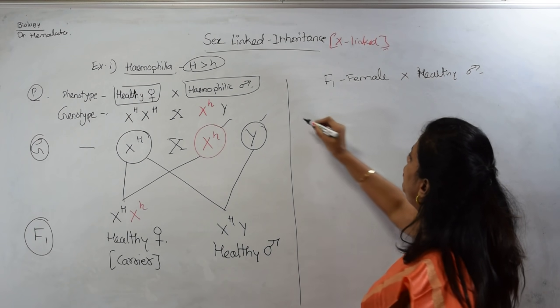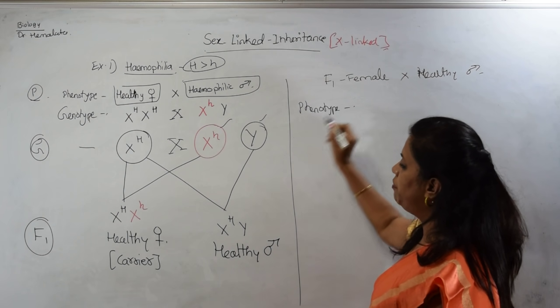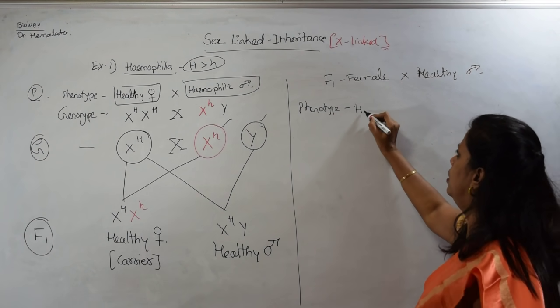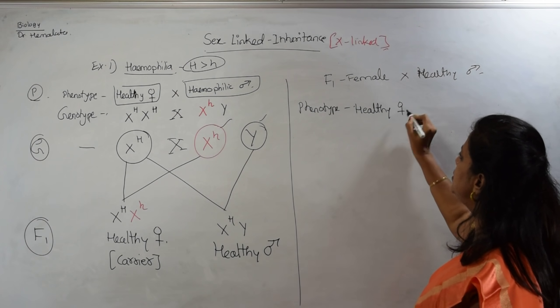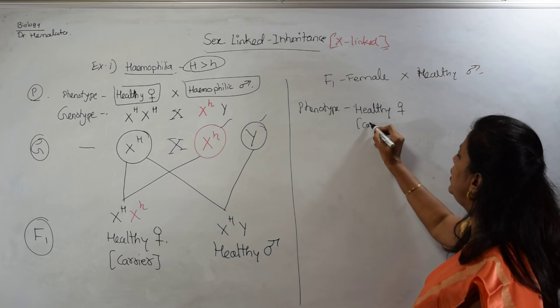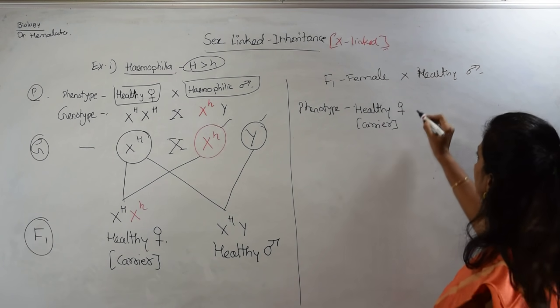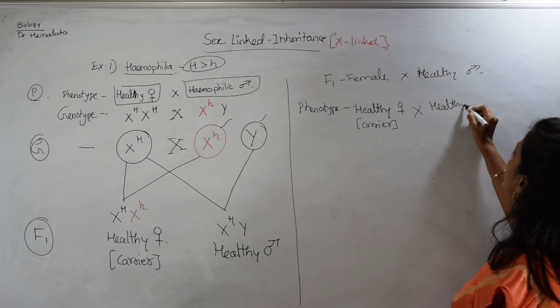What is the phenotype of the F1 females? Now you tell me. Phenotypically they are healthy females, but they are carriers. I am writing carrier in brackets. Remember, they are marrying a healthy man. Healthy man means he is totally normal.